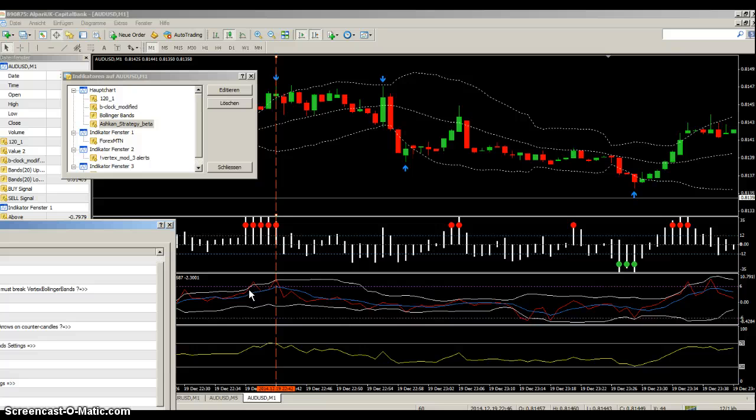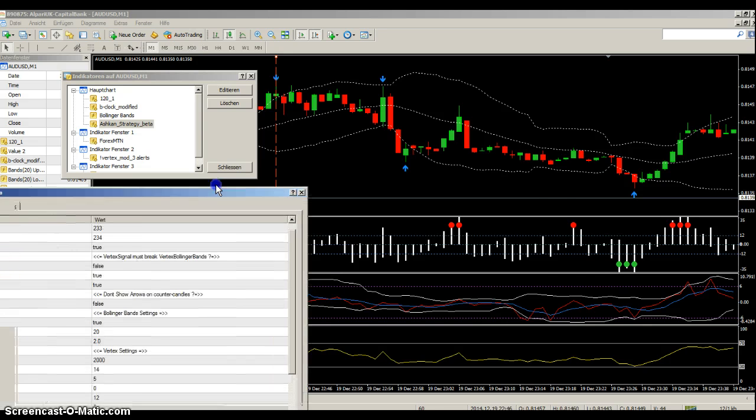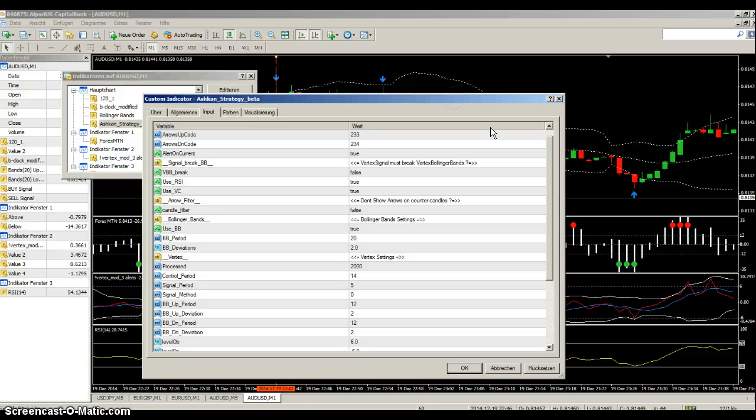To have a stronger signal, I have added the rule that this line has to break the 6 line and has to break the Bollinger Band. But you can set this to false if you only want to use the breaking of the line. So false will be the default setting for the original strategy.